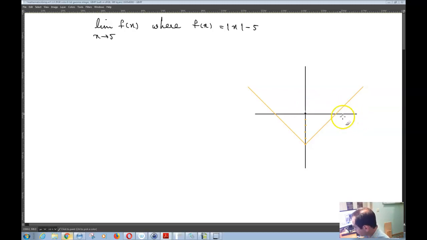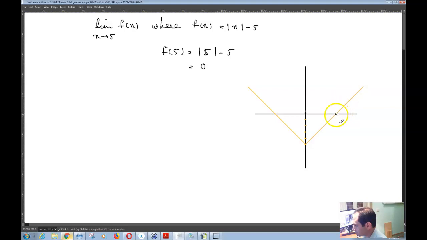So x is equal to 5 is basically this point over here, and of course as you approach 5 from the right or left, if you calculate f of 5 here, that will give you the absolute value of 5 minus 5, which is equal to 0. So that's going to be 5 comma 0, and that must be this point over here.